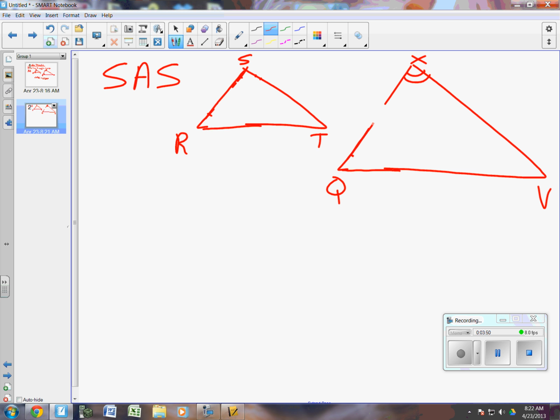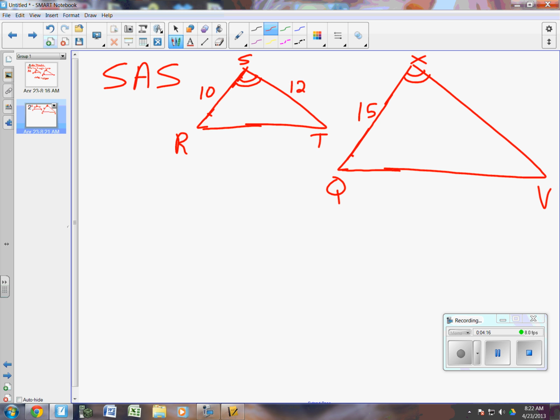So let's back up here. Let's say I have angle S congruent to angle X. And let's say side RS was 10. And side QX was 15. And then let's say side ST is 12.